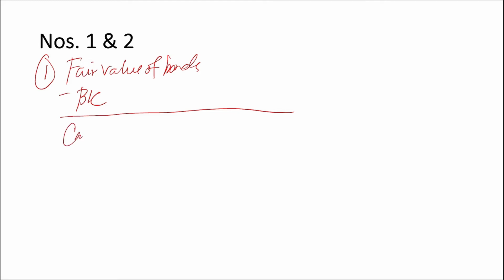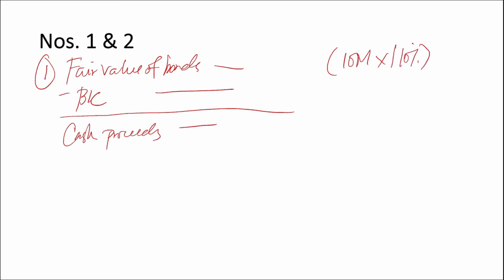That's the cash proceeds. How do I compute the fair value of the bonds, guys? That is simply face amount times quoted price. Remember, the quoted price is a percentage of the face amount of the bond.